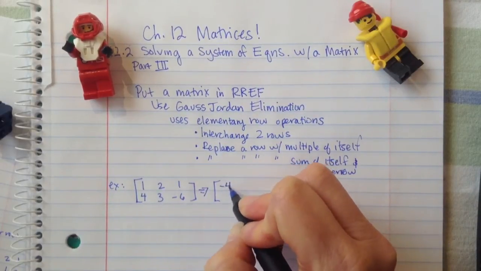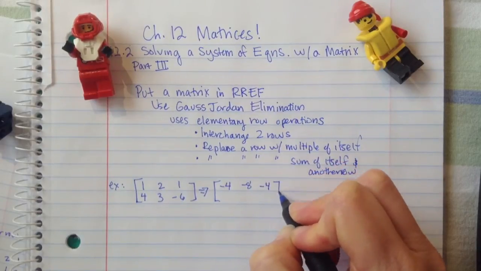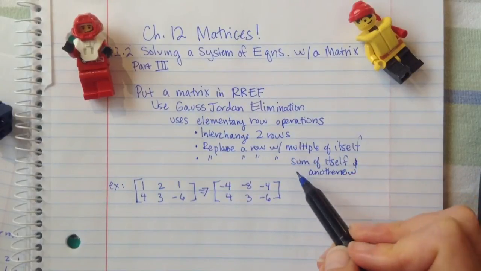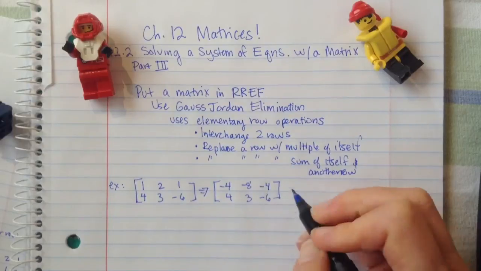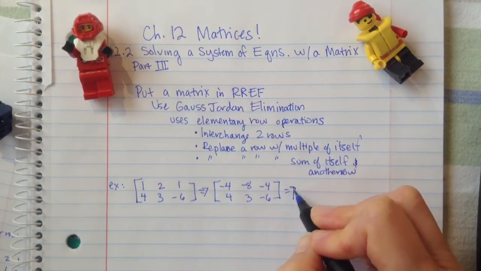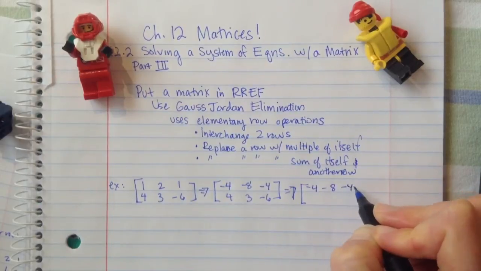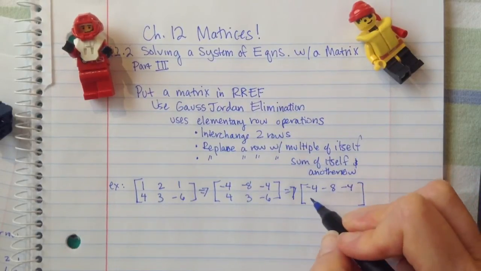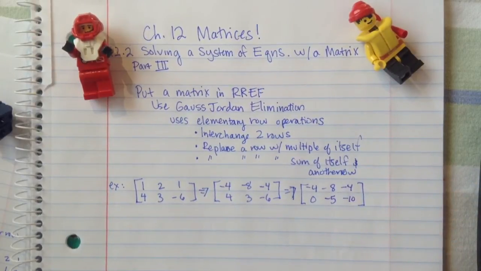So if I multiply the first row by -4, I get this, and the second row stays the same. And now I can replace the bottom row with the sum of itself and this row. So the top row is going to remain itself, but the bottom row is going to be replaced with the sum of these 2 rows. So this will be 0, -5, -10.